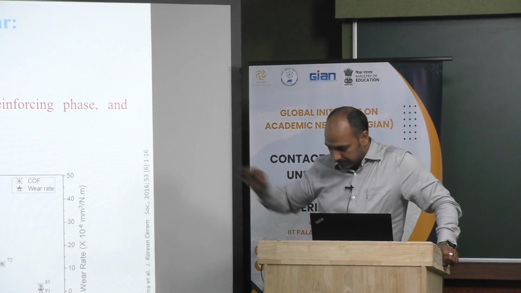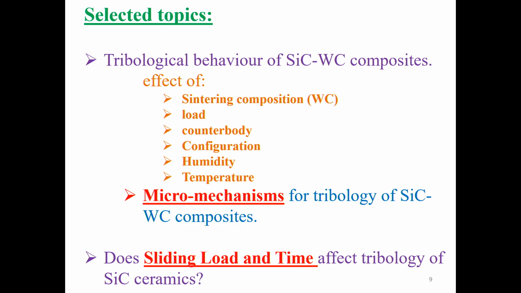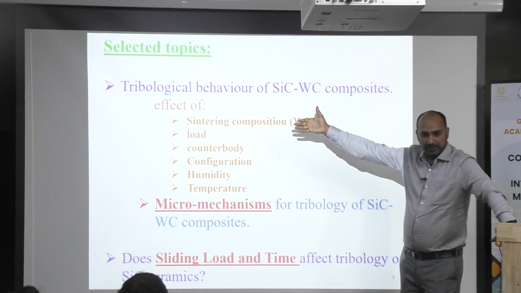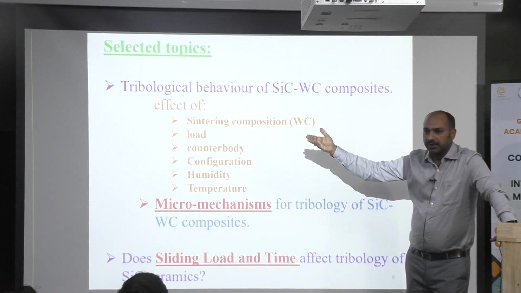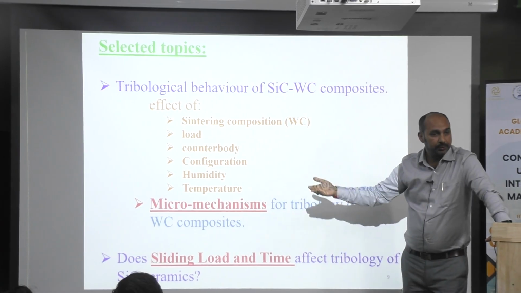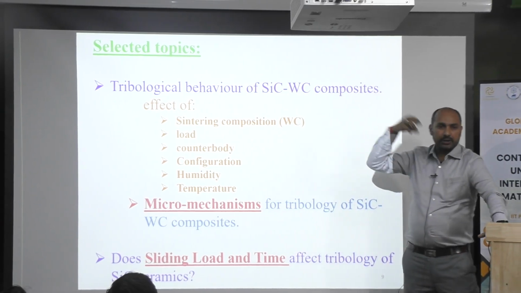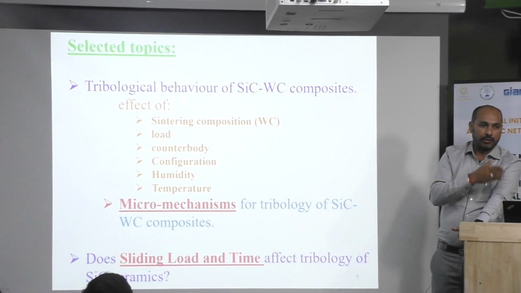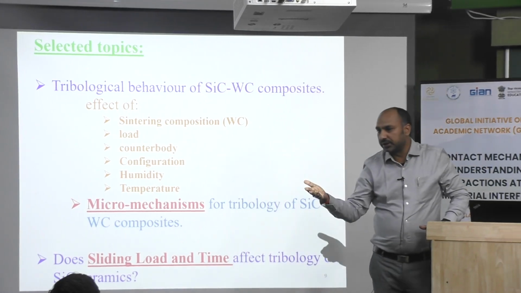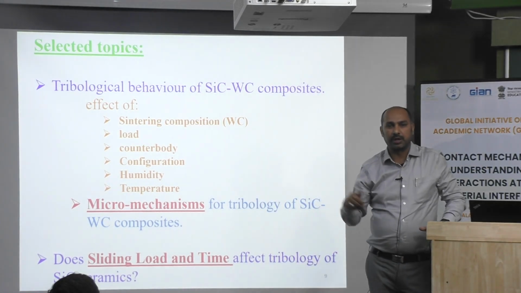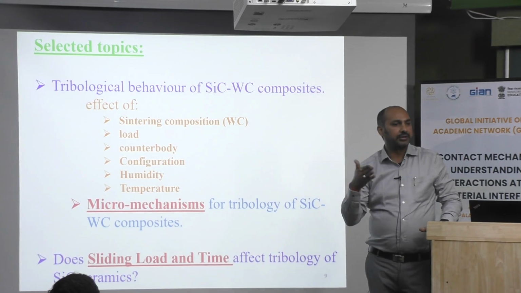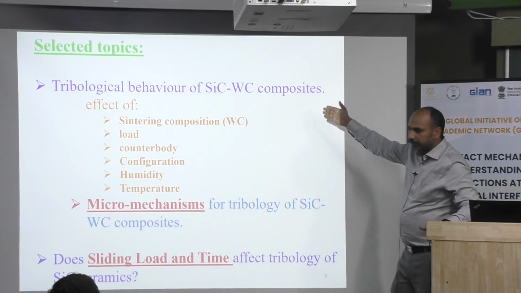We have already included a few case studies, and on that basis I have selected two topics here. One will be understanding the tribological behavior of silicon carbide tungsten carbide composite, where we will see the effect of sintering composition. We will have a matrix of silicon carbide with hardness about 26 GPa, and incorporate tungsten carbide particles from 0, pure monolithic SiC, to 50% tungsten carbide by weight, going through 10%, 20% to 50%.